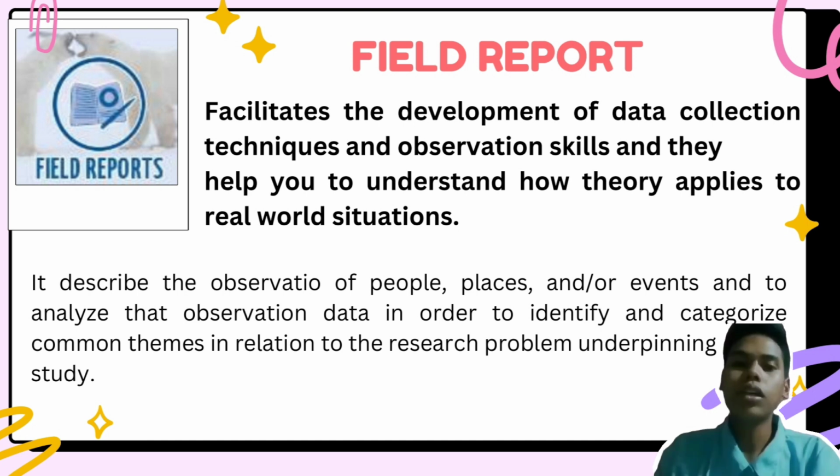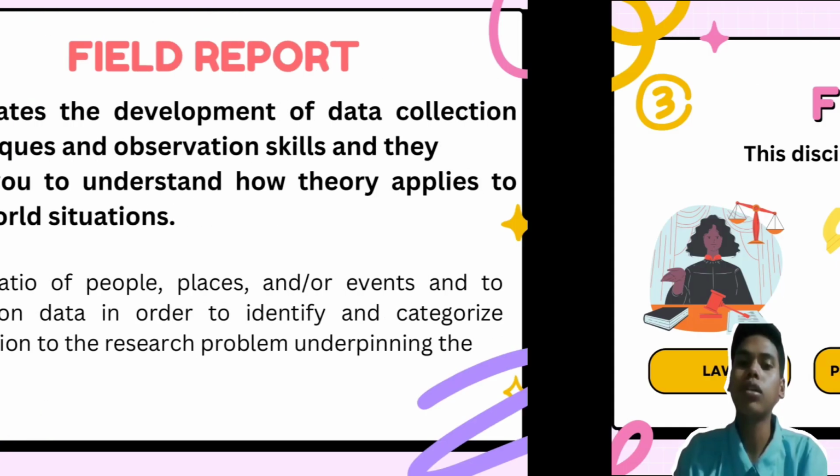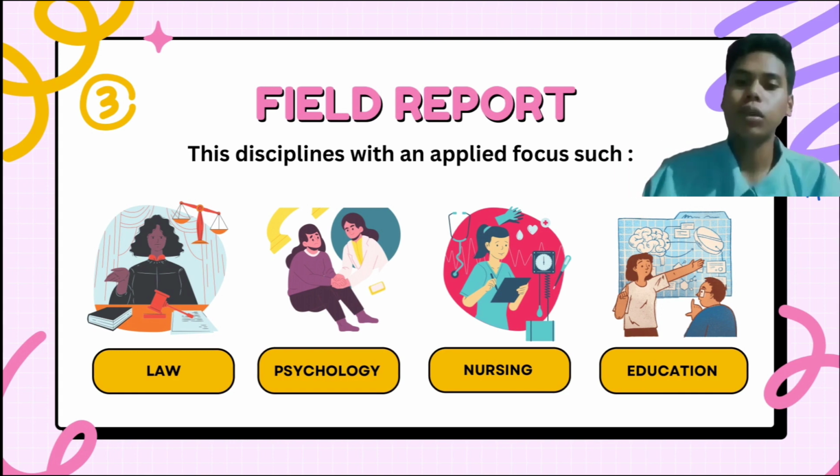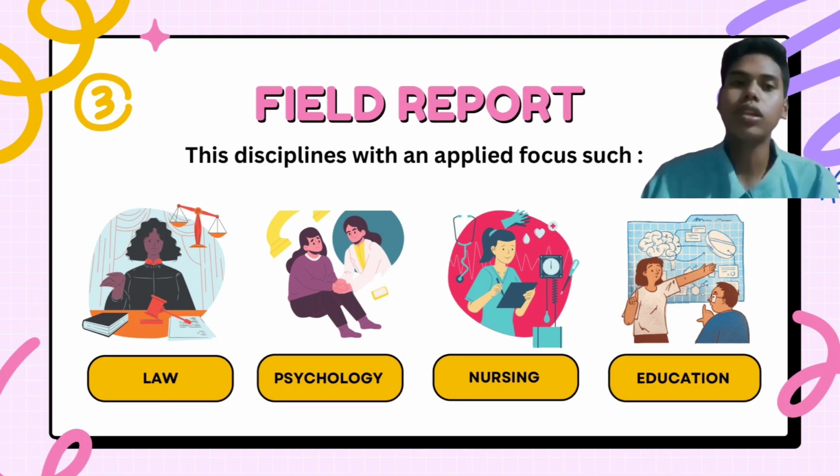It plays a crucial role in facilitating the development of data collection techniques in the process of observation. Disciplines with an applied focus such as law, psychology, nursing, and education use it because these disciplines have a direct impact on the lives and well-being of individuals and communities.